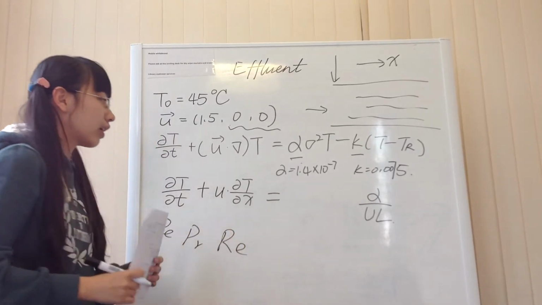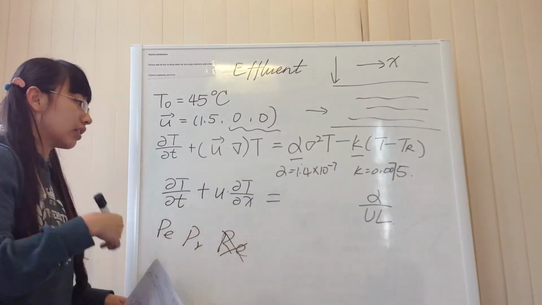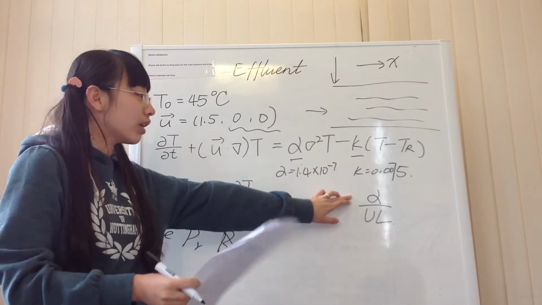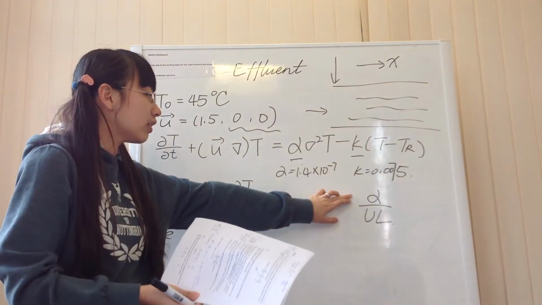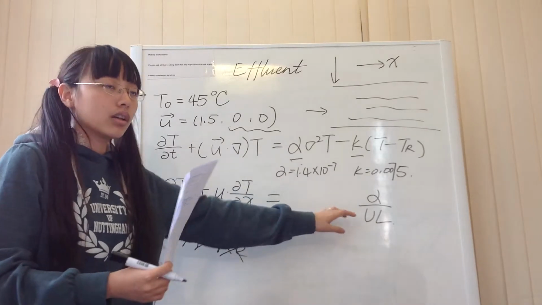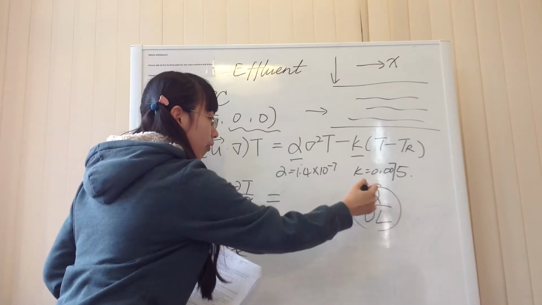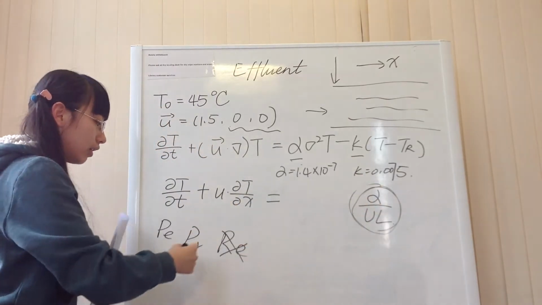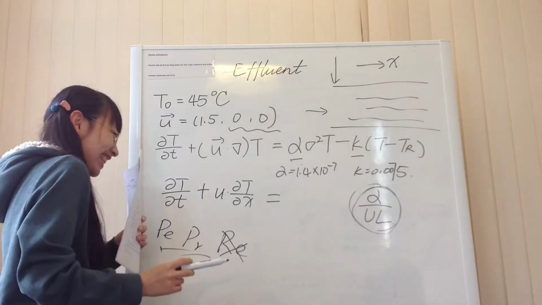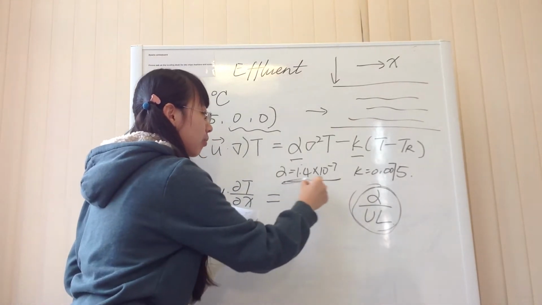But here we are considering alpha, so not Re related, and we are considering the diffusivity versus inertial force. So we just use the proper number, either Pe or Pr, I can't remember. Check for yourself. And then what you get is that this number is really small.